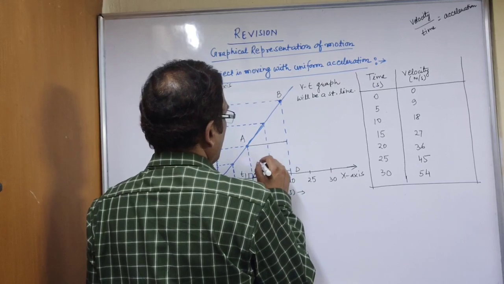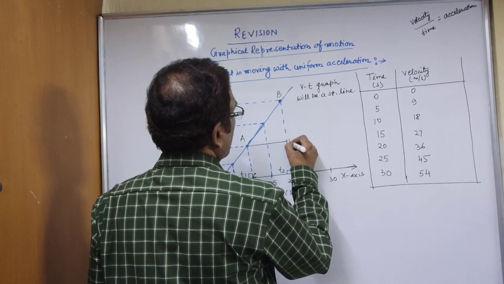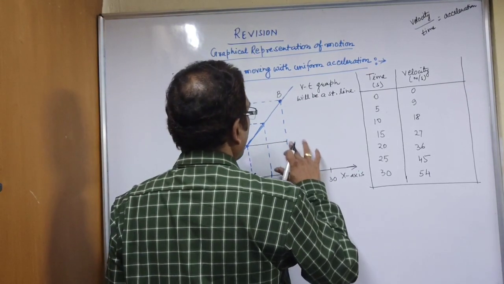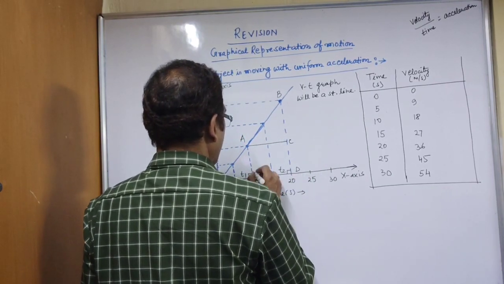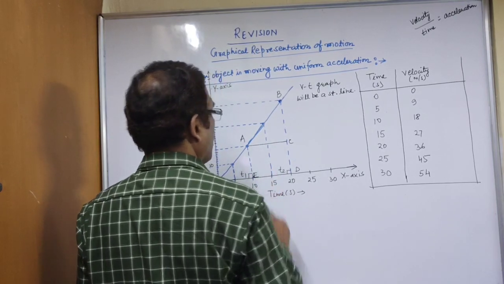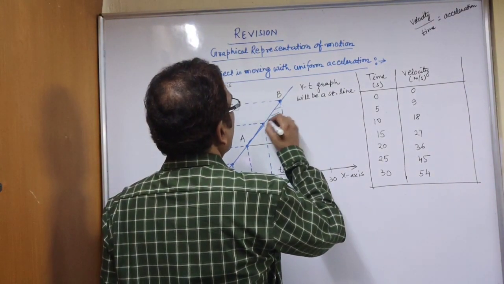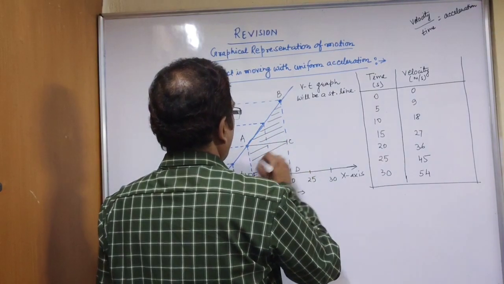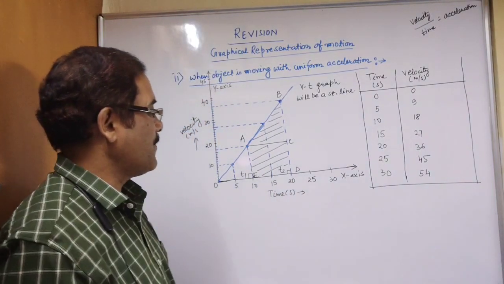So AB, DC, you can mark this point as E, or make it like this: A, B, C, D, and make it E. Then it will be a closed figure. So you have to calculate area of this shaded portion to calculate the magnitude of displacement.